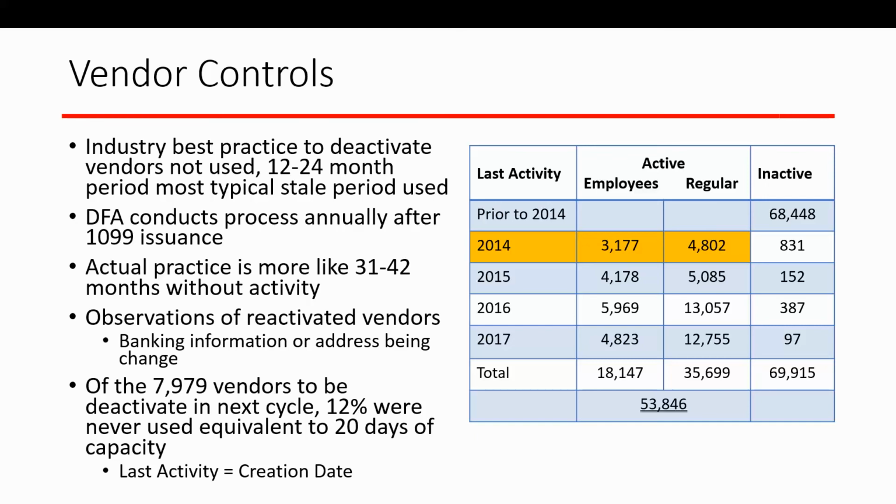That 12% represents 20 days of our vendor organization staff time. That is, it took 20 days of our vendor staff to set these vendors up, and they were never used. It's important that we only set up vendors that we're going to use.